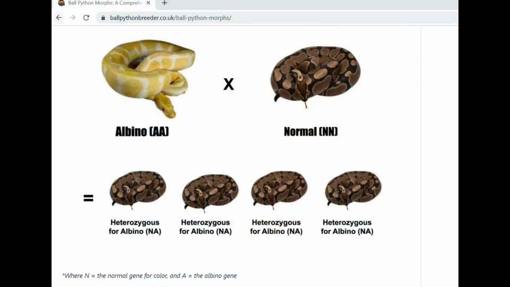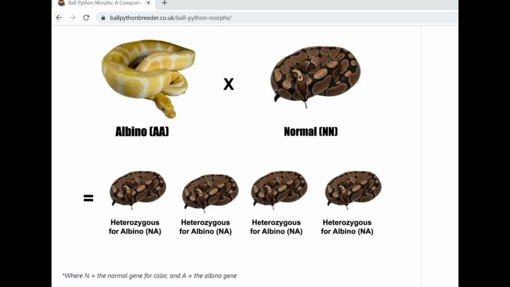So what happens when you breed an albino to a normal ball python is all of the babies inherit one copy of the coloration gene, let's just call it that for now, from each parent. So each baby gets an albino gene, A, from the albino, and a normal gene, N, from the normal, meaning the babies have two different alleles, which we call heterozygous.